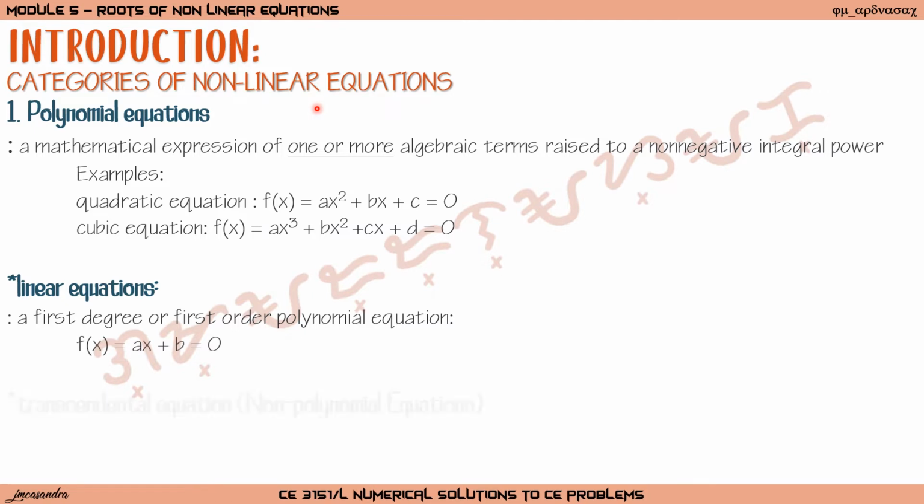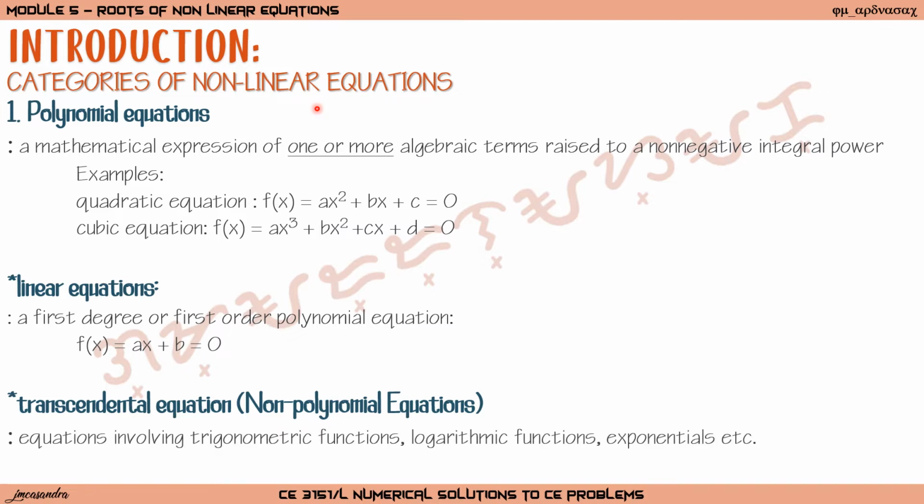So other categories would also include transcendental equations, or what we call non-polynomial equations. So this would be defined as an equation that would involve trigonometric functions, logarithmic functions, exponentials, and others.